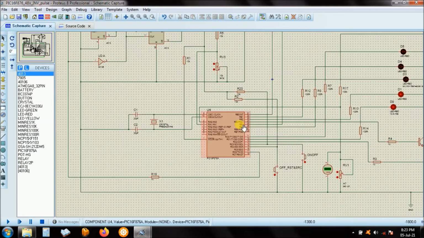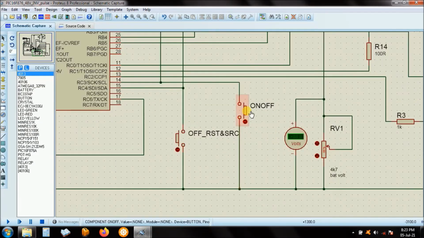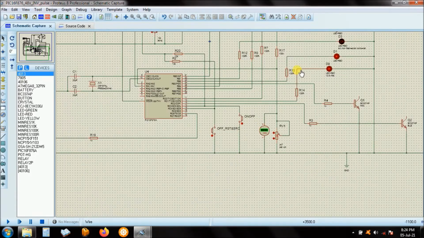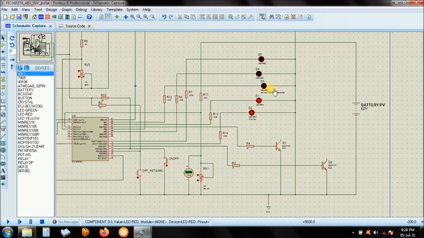Right, let's run the simulation. This is the on switch, and this is the off switch. I said on-off, but it's actually an on switch. Okay, and this is the off switch. Right, here is the display. This LED indicates the state, or the mode in which the inverter is when it's off, this D3.